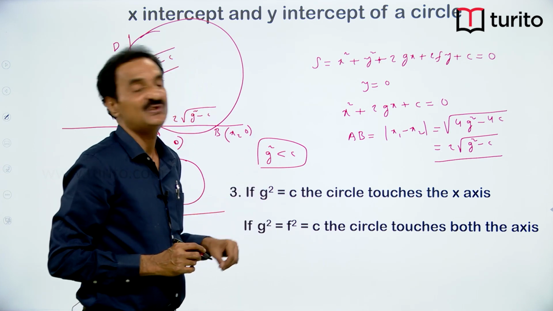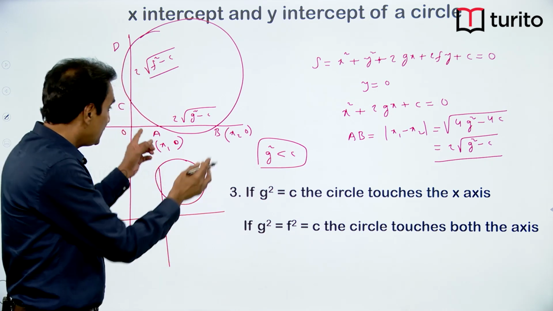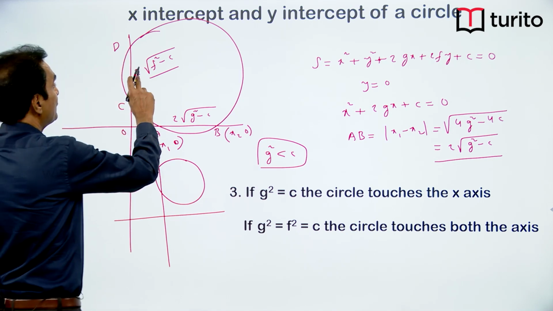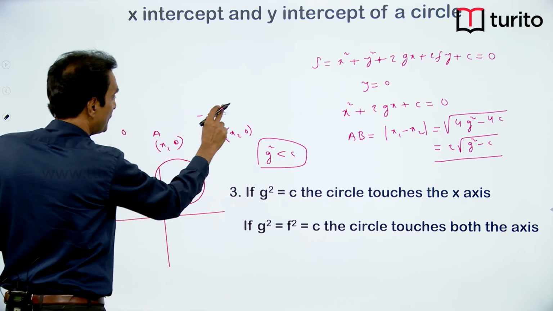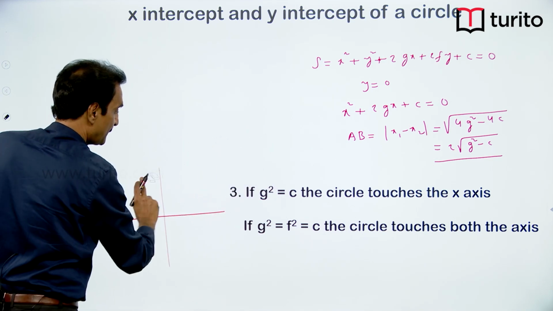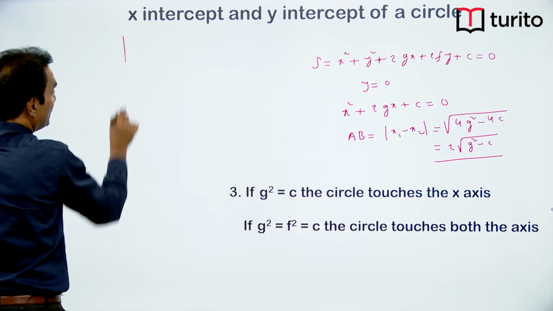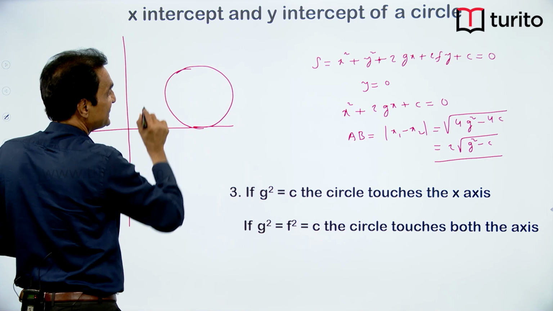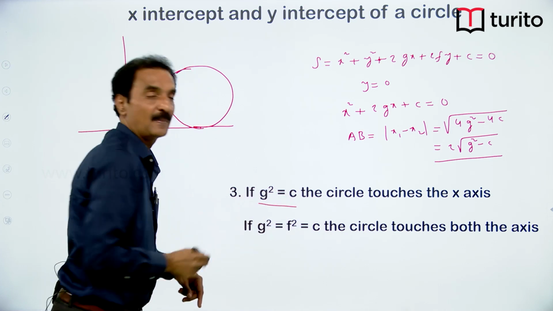If g square is equal to c, then the x-intercept is 0. Then how will the circle be? When the two points A and B coincide, the circle touches the x axis like this. So in this case g square will be equal to c.